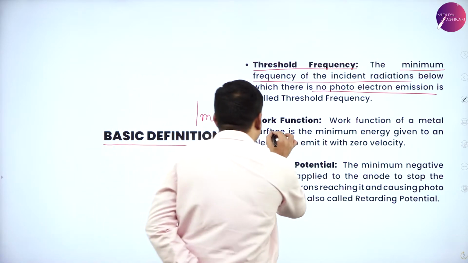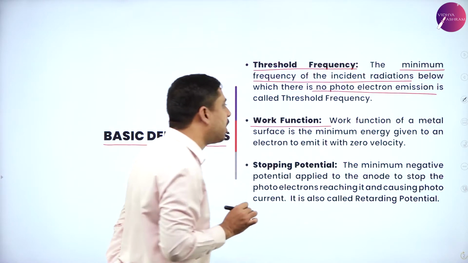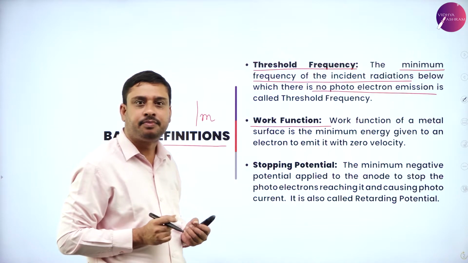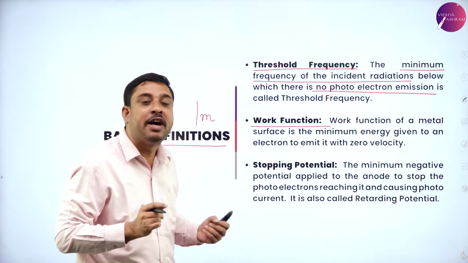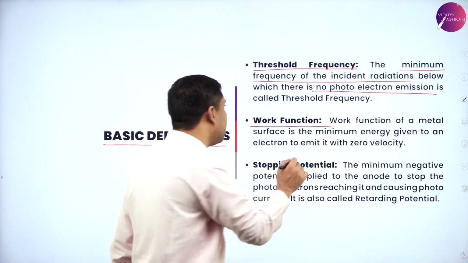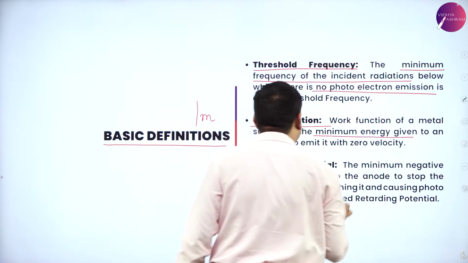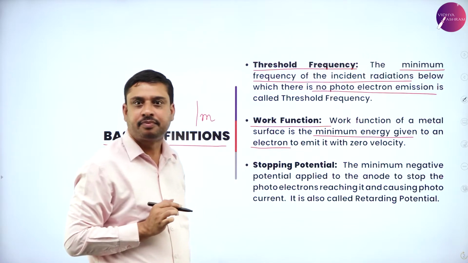The next one, we have spoken quite a number of times about this, work function. Work function of a metal is the minimum energy given to the electron.